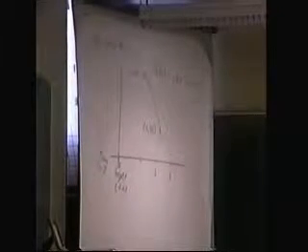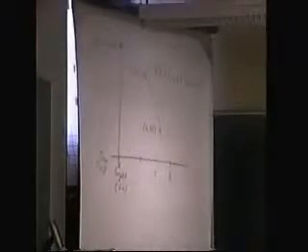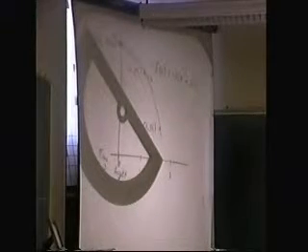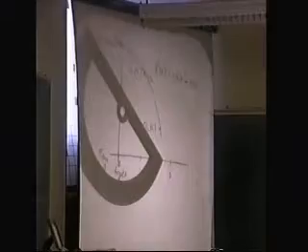What is the slope between the first 2 points? What is the slope of this red line? Find it.